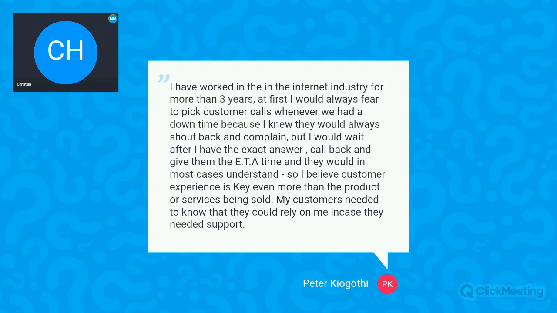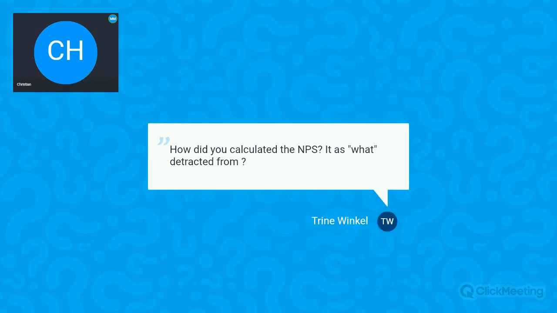Exactly. And then the last question for now, at least, a good one from Trine Winkel, who asks, how is NPS calculated? Okay, so let me go back to this slide here.